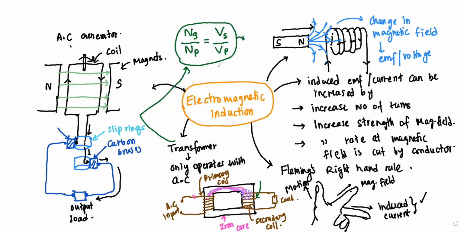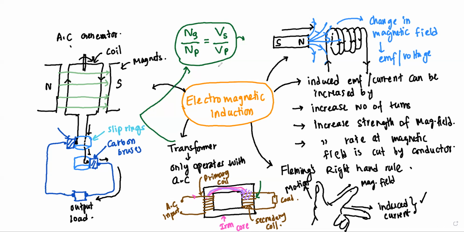The other thing is, in a transformer, many heat losses occur, which means transformers usually lose heat as a heating effect in their resistance and many other ways. So if you define a transformer as having no heat loss at all, it is called an ideal transformer.